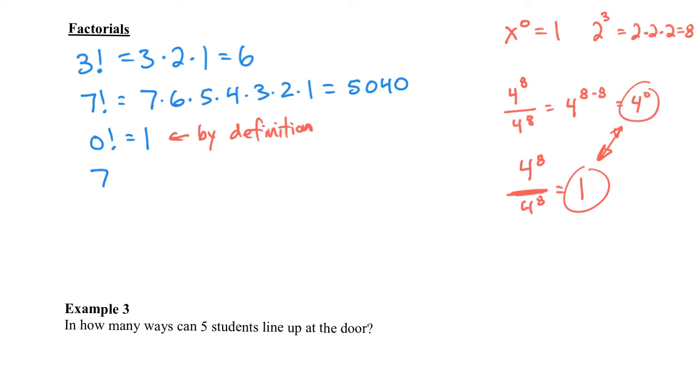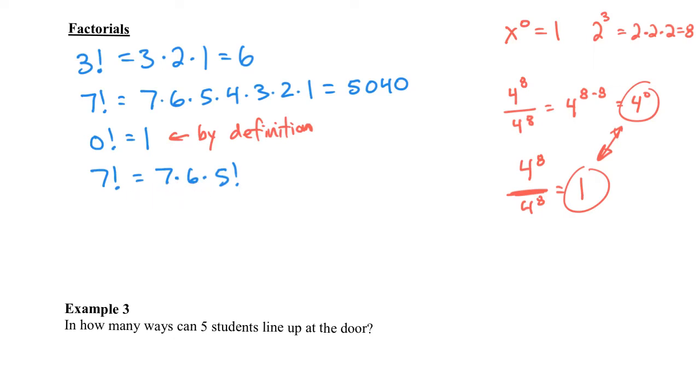Also, what about this? If I have 7 factorial, could I write 7 times 6 times 5 factorial? Is that true? Well, it is true, right? Because isn't 7 factorial just 7 times 6 times 5 times 4 times 3 times 2 times 1, and that's what 5 factorial is? So this used to be a really important thing for us to do before we had graphing calculators, because these numbers are huge.